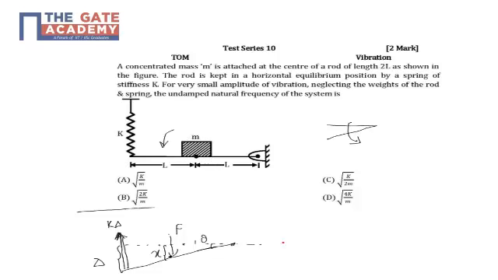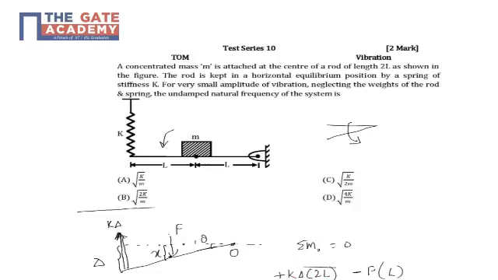So in this equilibrium position, if you do a moment balance about O, it has to be 0. This force F is producing an anti-clockwise moment, so F into L is the anti-clockwise moment, so I write it minus. K delta is producing a clockwise moment, so plus K delta into 2L.